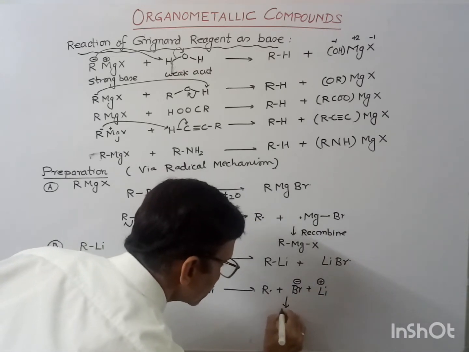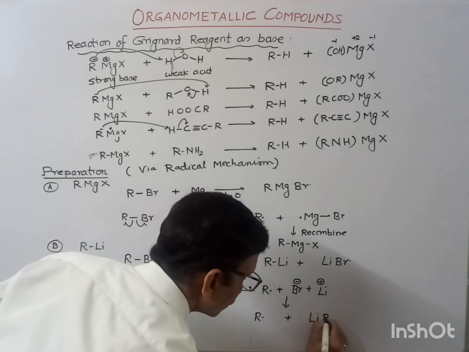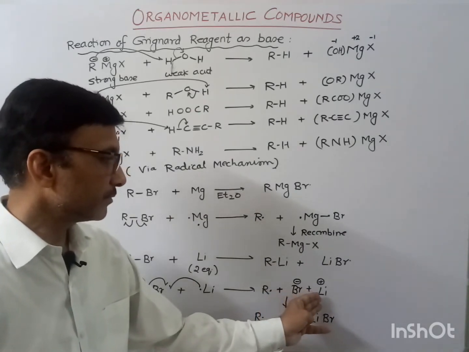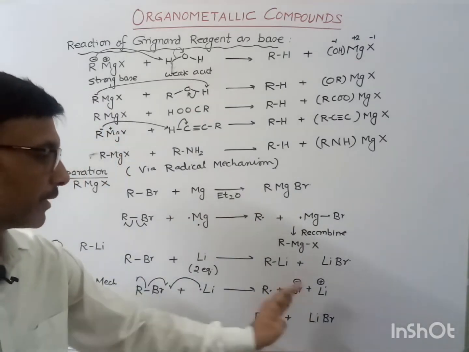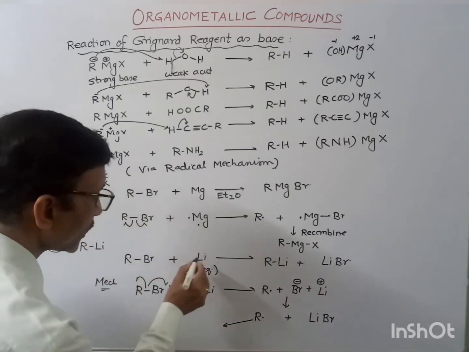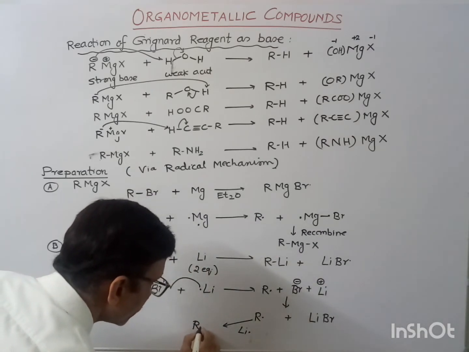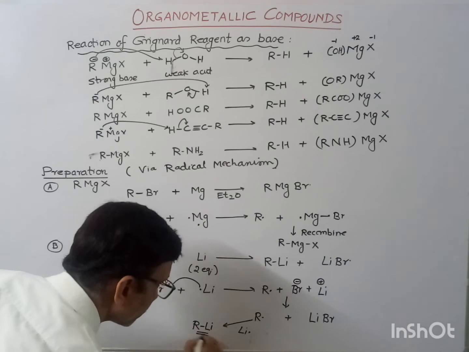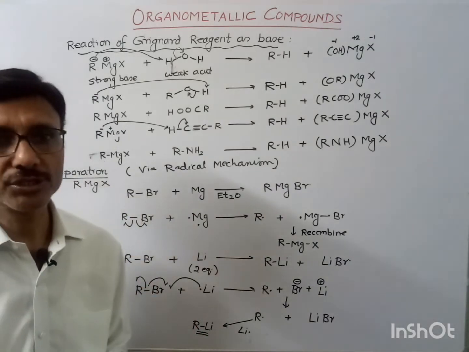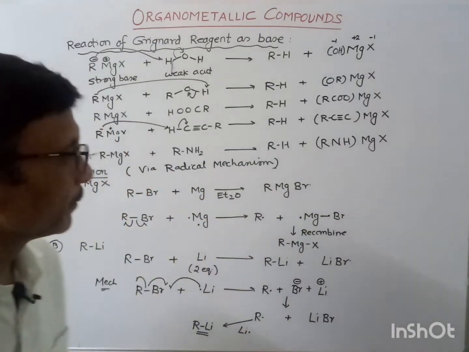And in the next step, this radical plus lithium bromide would be formed. So this lithium cation and this bromide anion combine, and again this combines with another lithium and forms the organolithium compound. So this is the free radical mechanism via which this organomagnesium compound or organolithium compound can be prepared.